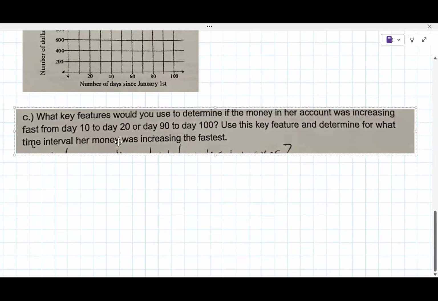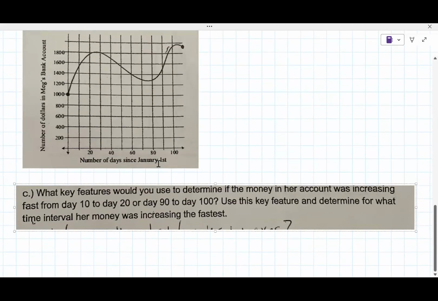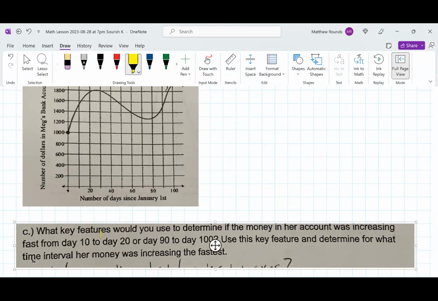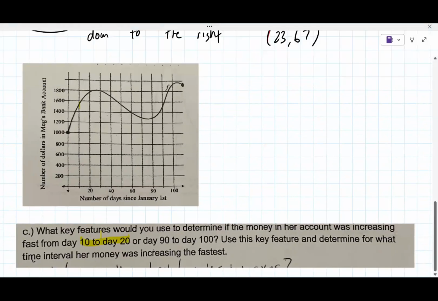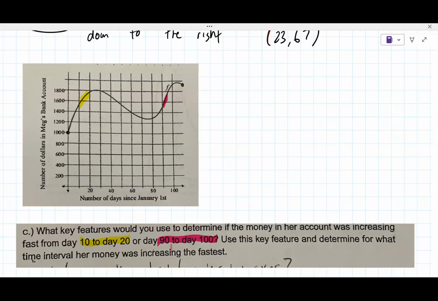What key features would you use to determine if the money in her account was increasing faster from day 10 to day 20 or day 90 to day 100? Use a key feature to determine for what time interval her money was increasing the fastest. So let me highlight this here. 10 to 20 is right there. And then I'm going to grab a different highlighter. Let's go 90 to 100. 90 to 100 is right there.